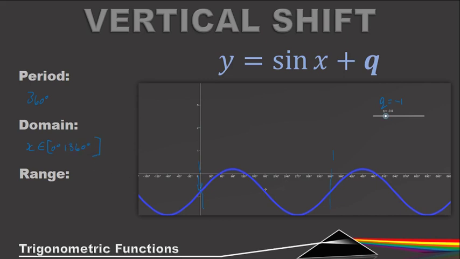And then the range is what has changed. Now if we have minus 1, if we moved our graph down by 1, that means that this turning point over here now lies at minus 2, and this one lies at 0. So therefore our range y would be an element from minus 2 up to 0 if it shifted down 1 unit.